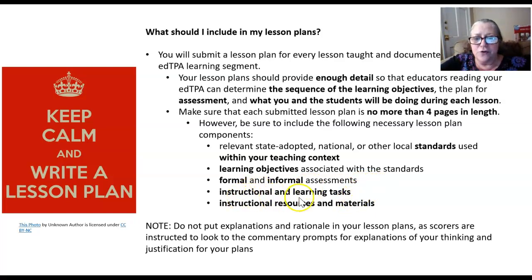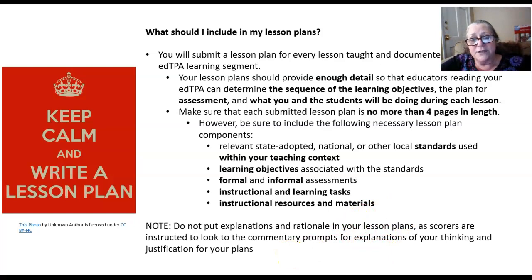You want instructional and learning tasks and the resources and materials that you're going to use. Now on our ETSU template, we've got a place for rationale, and you're doing that in your classes, and that's great practice for you. However, we will not have rationale or explanations such as knowing your learners.